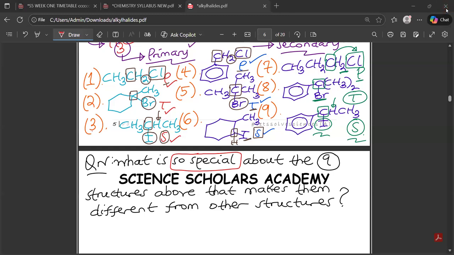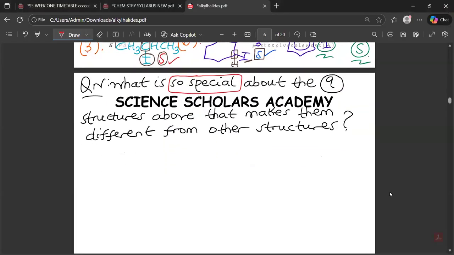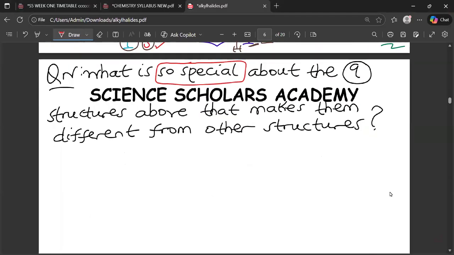The special thing there is the functional group, the carbon halogen bond. Exactly. That is it. Perfect. That's what I wanted. He has said it.